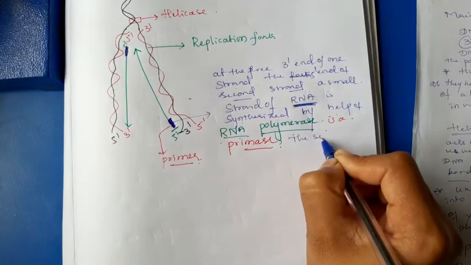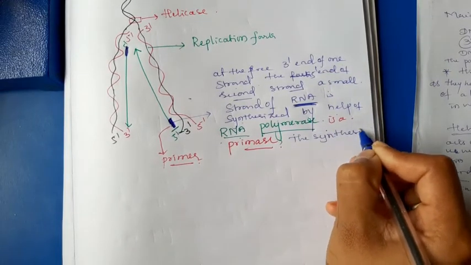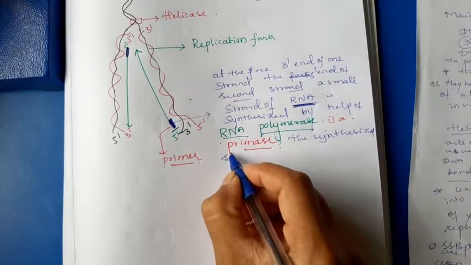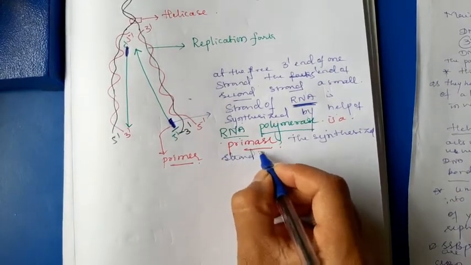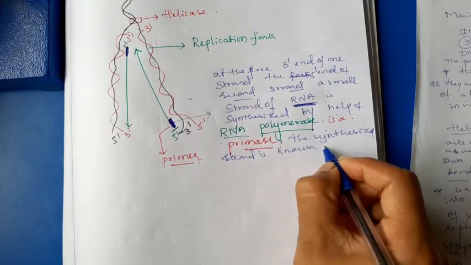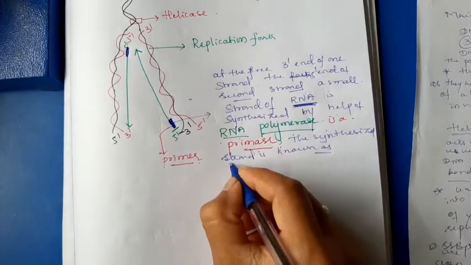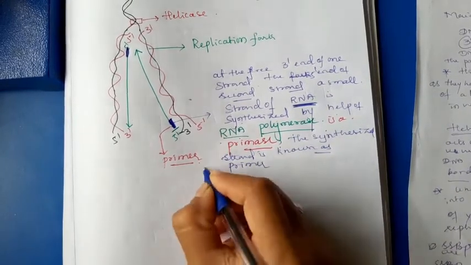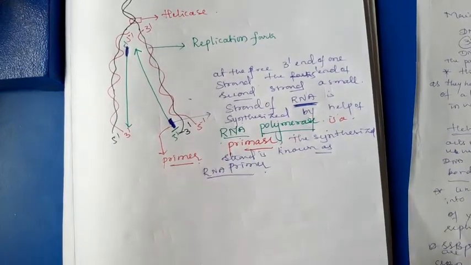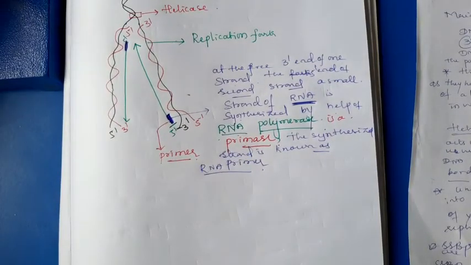The synthesized strand is known as the RNA primer. This is the actual function of primase. Primase is an enzyme which adds a small segment of RNA at the initial point of replication. I hope all of you are getting this.